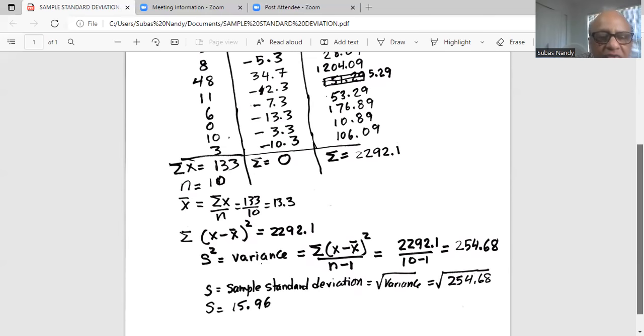That is why we take the square root of variance, and the unit of square root of variance, which is sample standard deviation, is feet in this example, which is same as the actual measurement units. Hence, sample standard deviation is used more often in calculations than variance, because it has the same units as the data. So I will stop here today.